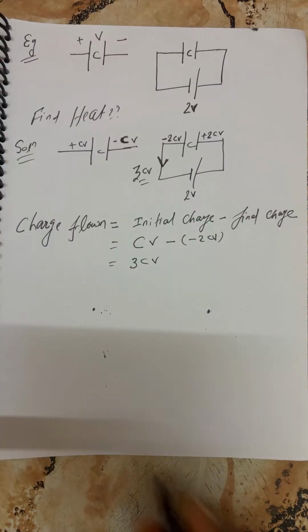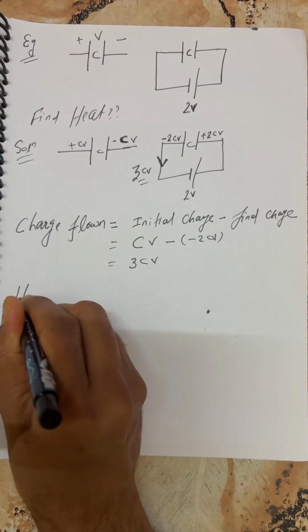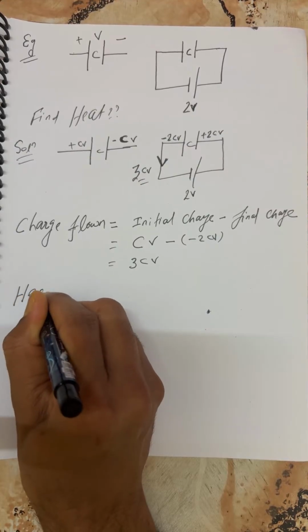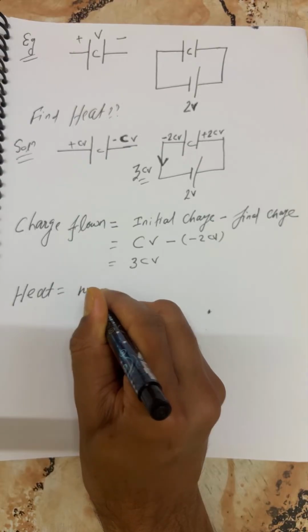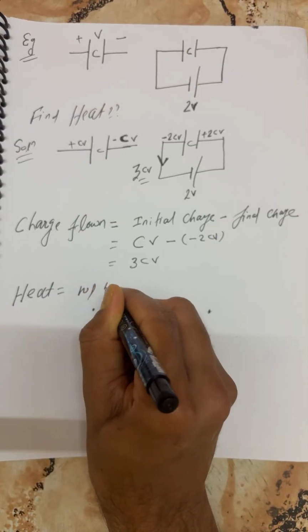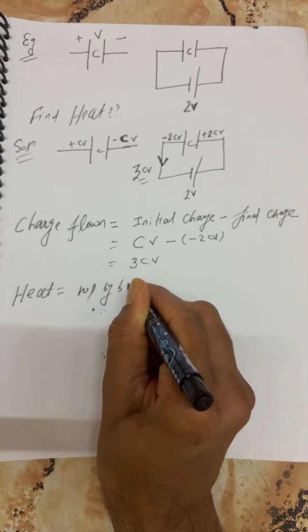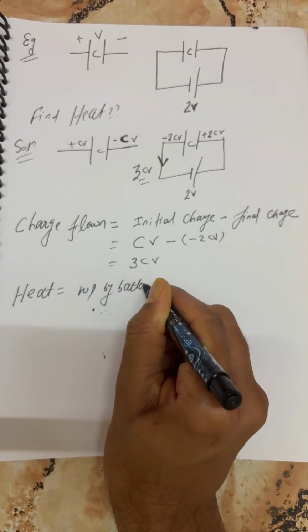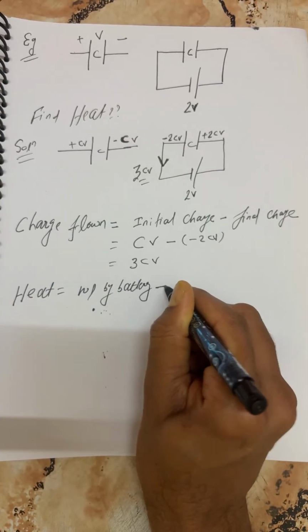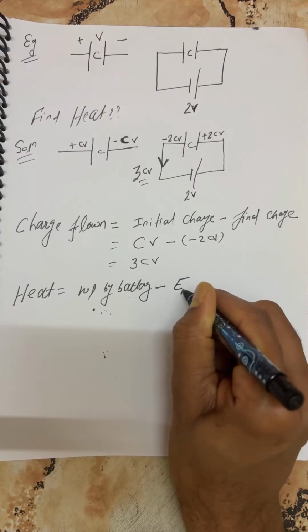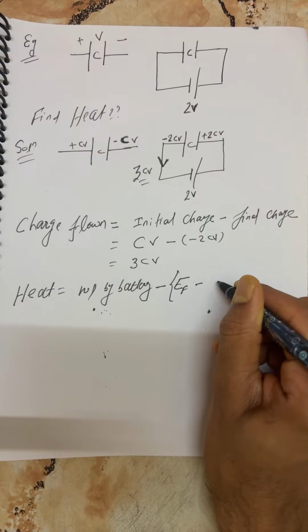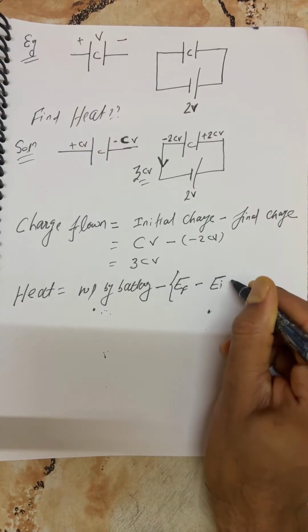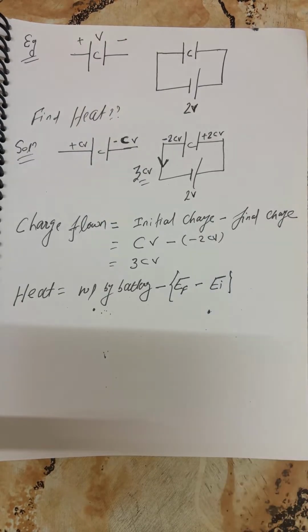What we have to find is heat. So I'm using the formula of heat, which is equal to work done by battery minus energy finally stored in the capacitor minus energy initially stored in the capacitor.